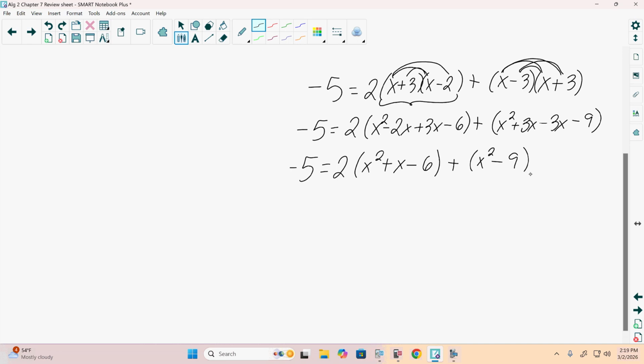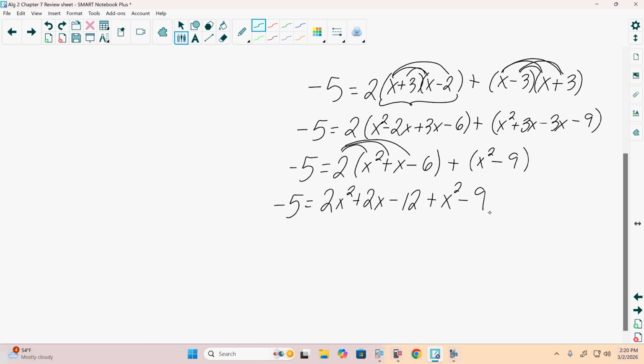They will simplify out, leaving us with x squared minus 9. Now yes, the parentheses around the x squared minus 9, we could drop them at this point. We don't necessarily need them because the number in front of it is positive 1. Now we will distribute the 2 for the other one, giving us 2x squared plus 2x minus 12 plus x squared minus 9.